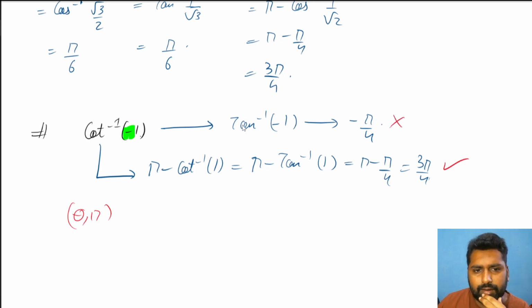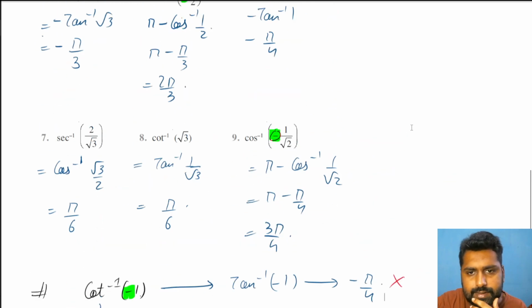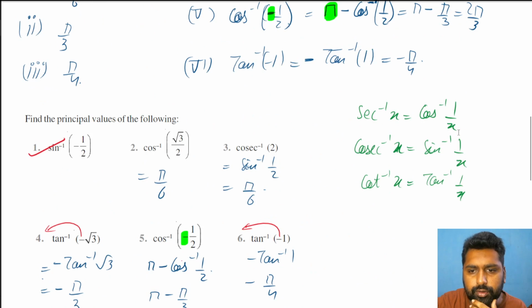So what is the problem? Why can we not apply the reciprocal formula here? The problem is that these formulas are applicable only for positive values of x. For negative values, you have to be careful. For negative values, cosec inverse can work, but the answer of cot inverse and tan inverse is from minus pi by 2 to pi by 2, and this one has answer from 0 to pi. That's why it is problematic.